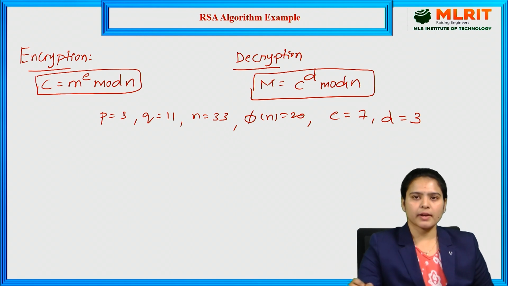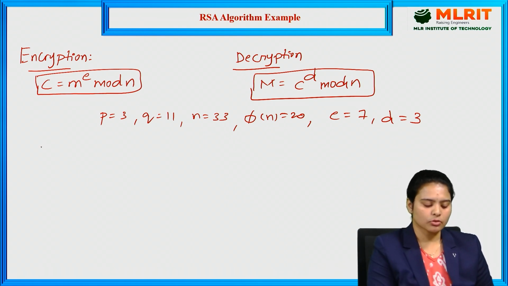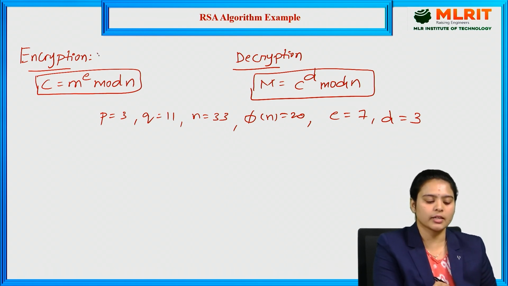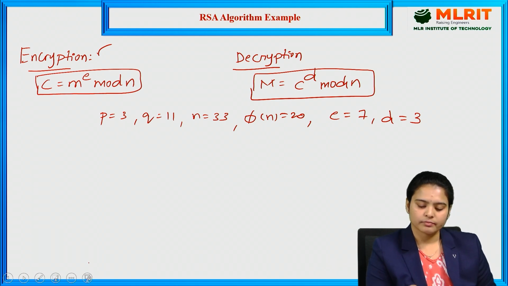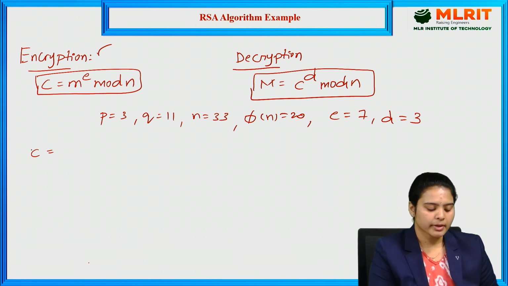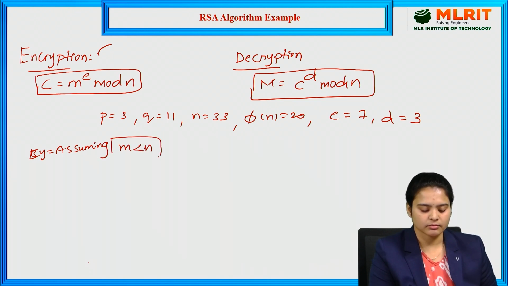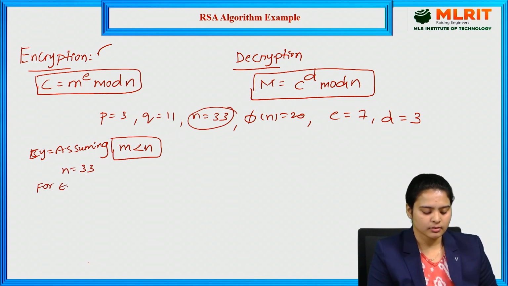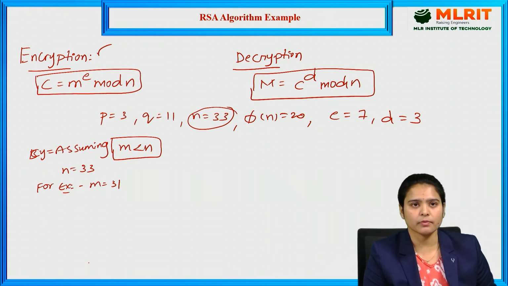So we got every value from P to D. Now I am substituting into the encryption process, where we need to know the value of C. Assuming M less than N, and we already know N is 33, for example, M equals 31. We need to test the value M equals 31.